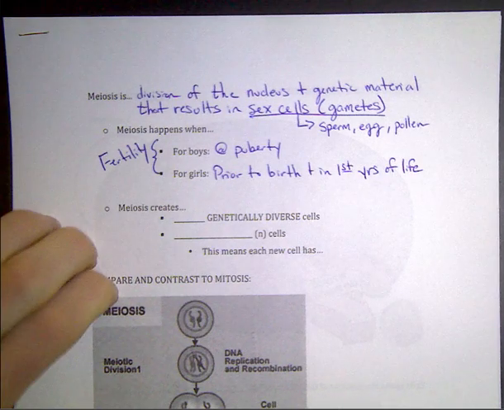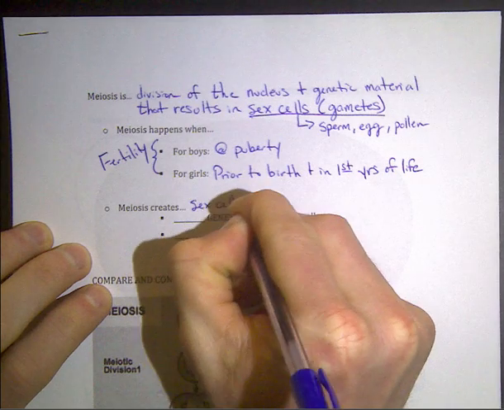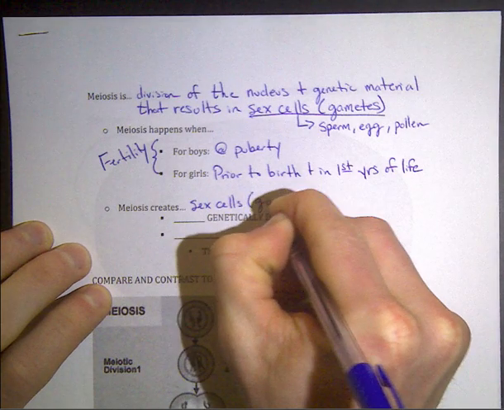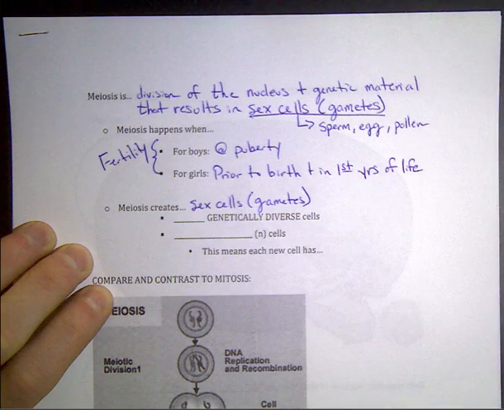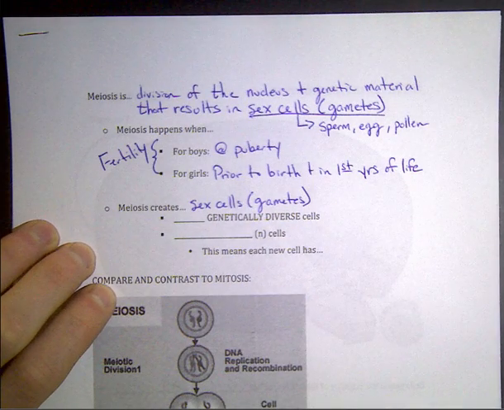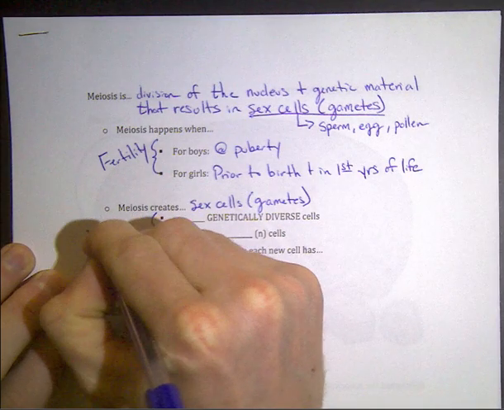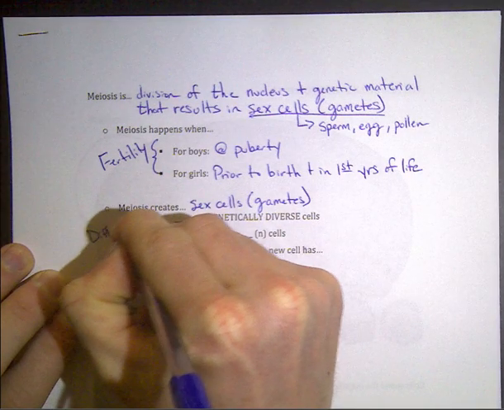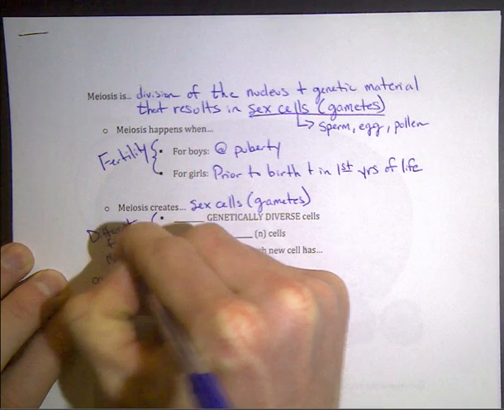Again, meiosis creates sex cells, or what we call gametes. And there are some major differences in this process. Okay, so there are a couple different ways that this is different from mitosis.